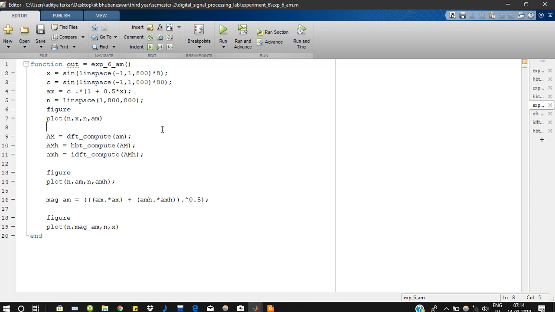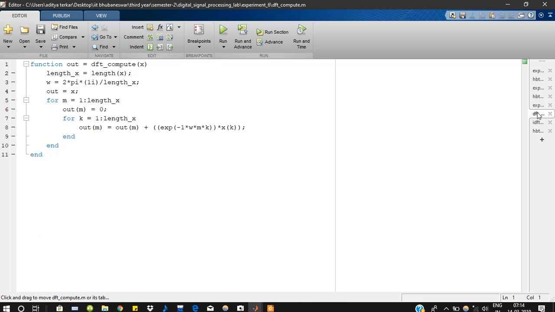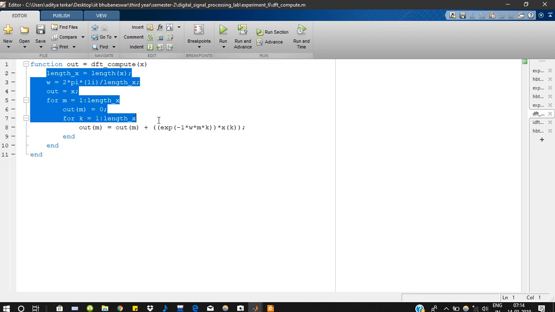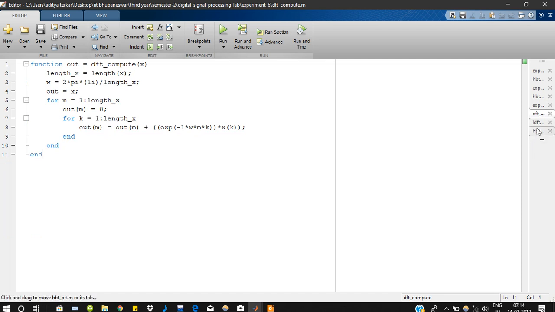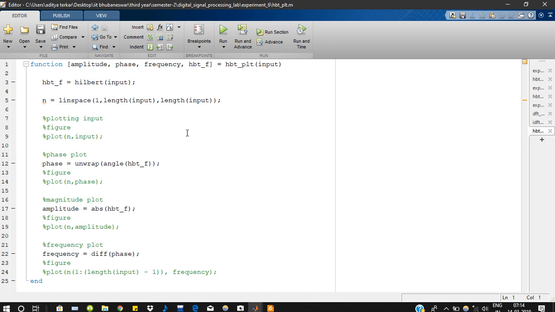Having understood that, we can perform the discrete Fourier transform. This is my own written function, which performs the discrete Fourier transform followed by the Hilbert transform. The required changes give the effect of convolution with 1 by t, which is achieved this way.